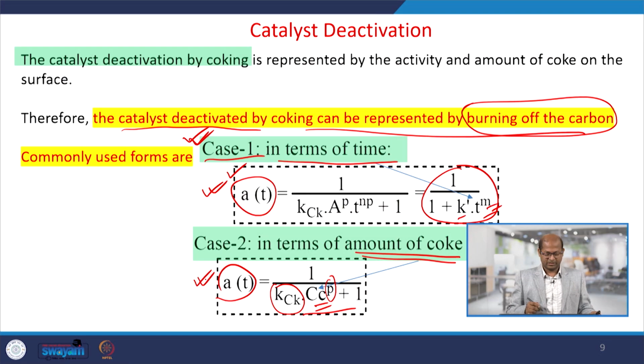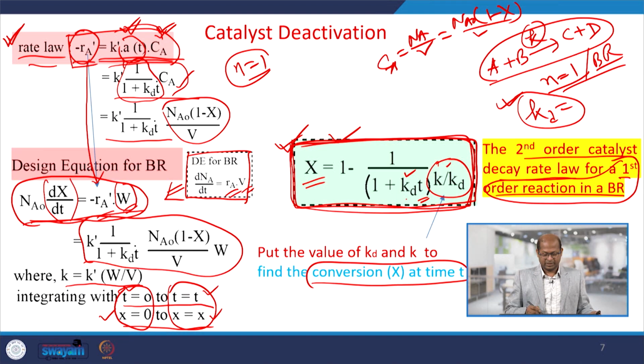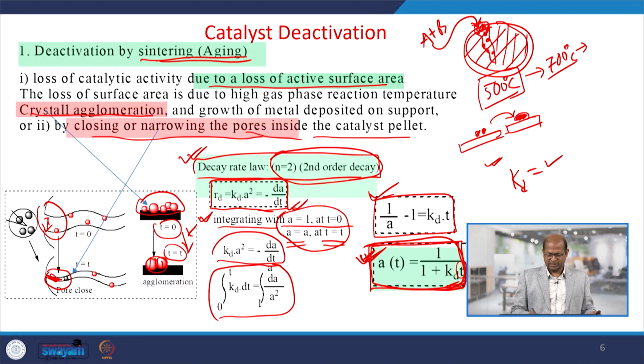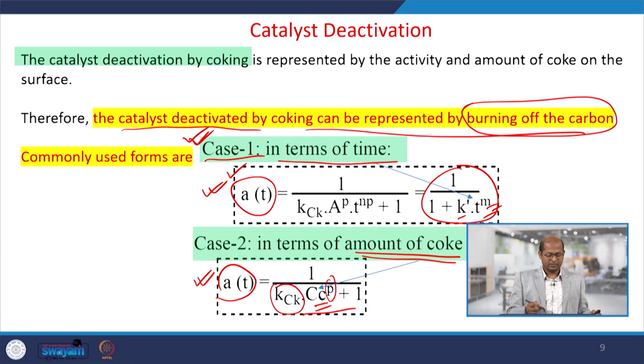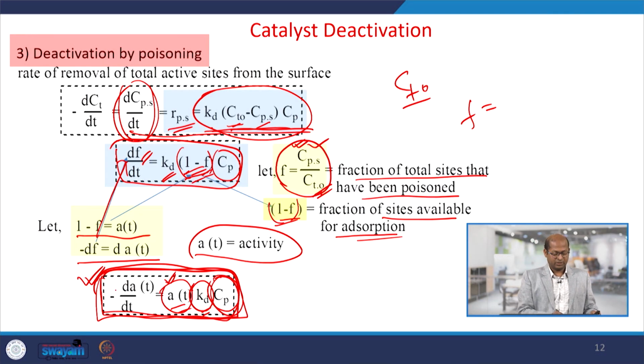Here we considered first order or second order decay in the equations we derived, depending on the activity. It may be first order or any other order, and that way we can express the rate equation for deactivation due to the poison molecules present in the feed stream. That deactivation rate law we can write this way. Okay. So, these are useful whenever we study catalyst deactivation for a catalytic system.